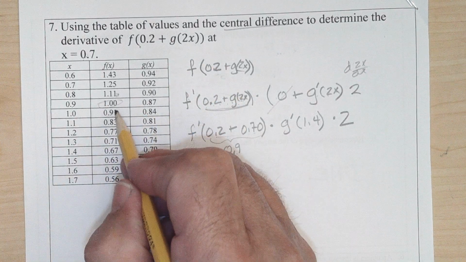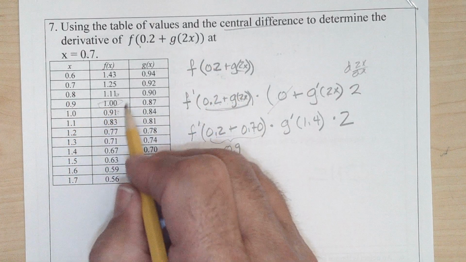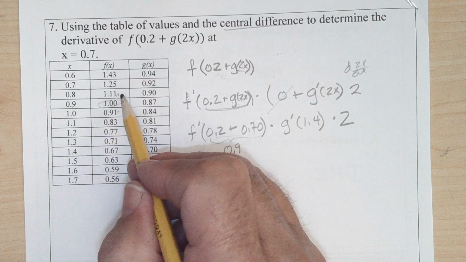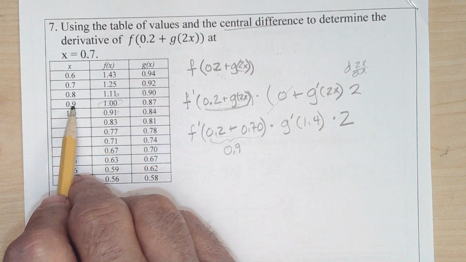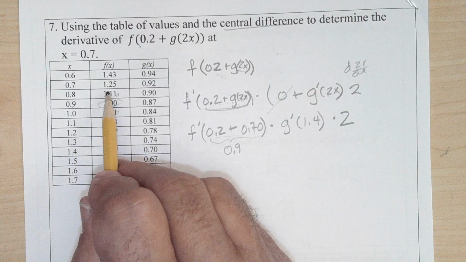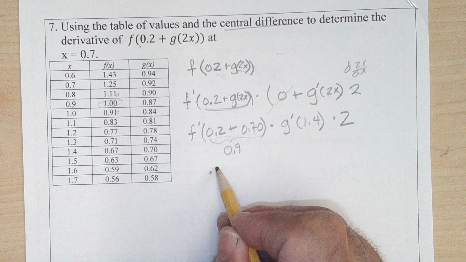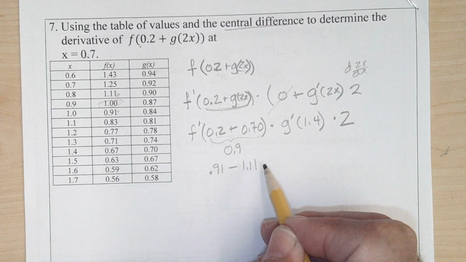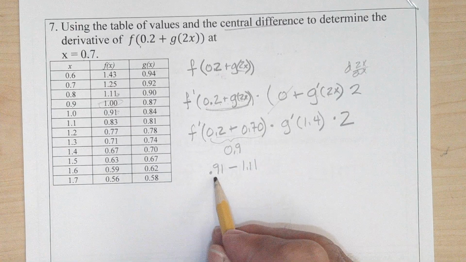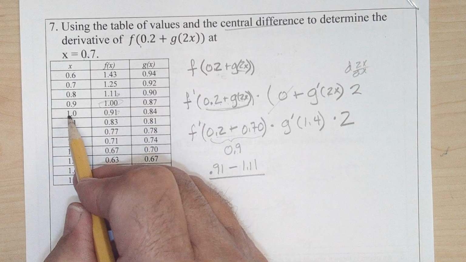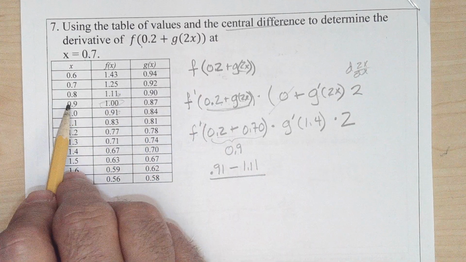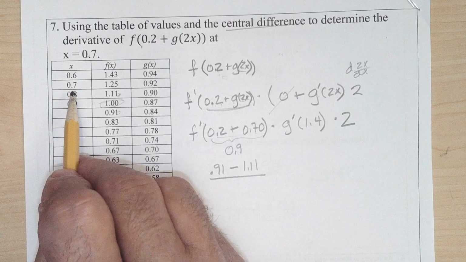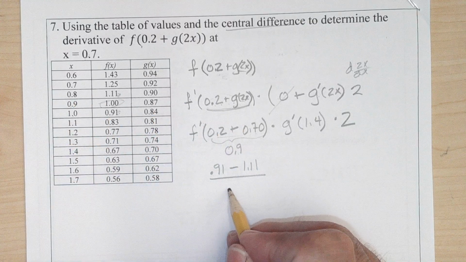So if we do the larger minus the smaller, the y2 minus y1, on either side of 0.9, it's going to be 0.91 minus 1.11 over the change in the x on either side of 0.9, which is 1 minus 0.8, which is 0.2.